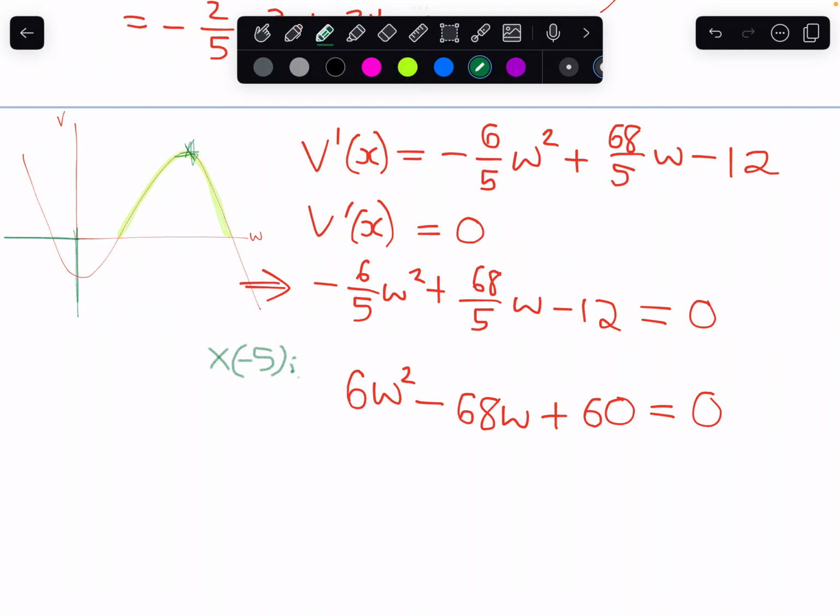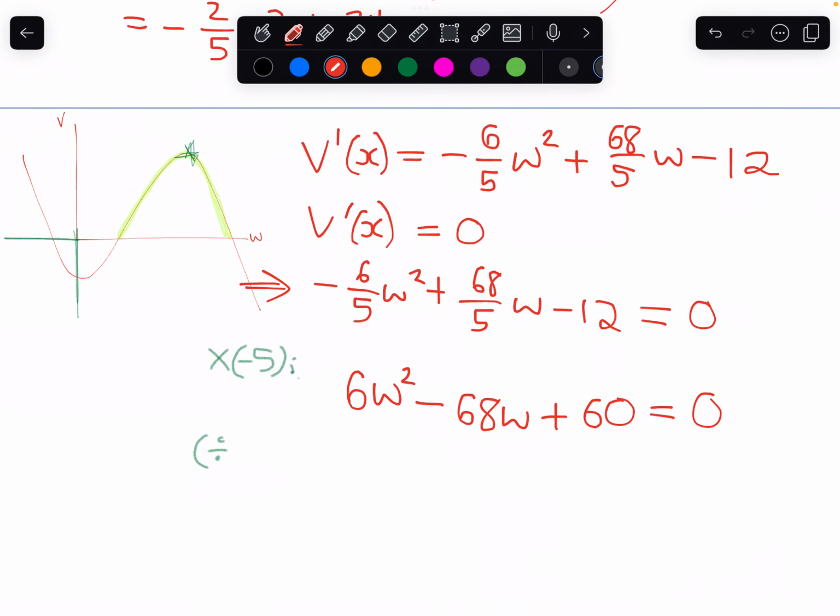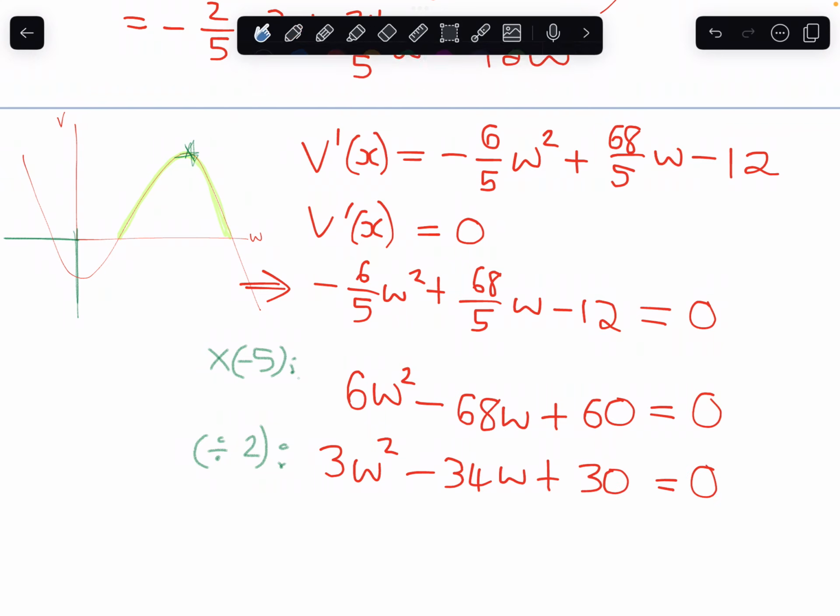Then we can divide right through by 2, the highest number we can use. I don't think it's going to work, but let's see. 3w squared minus 34w plus 30 is equal to 0.